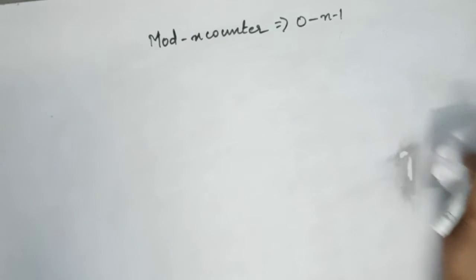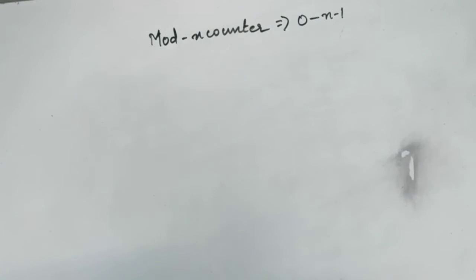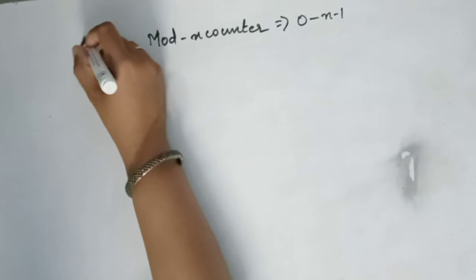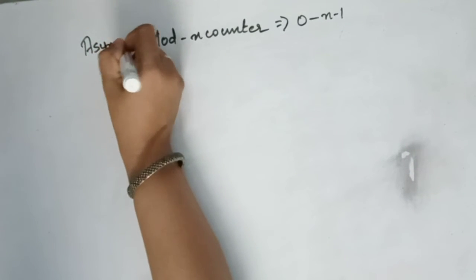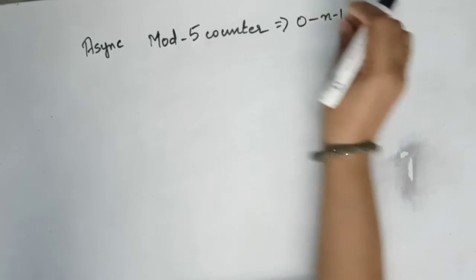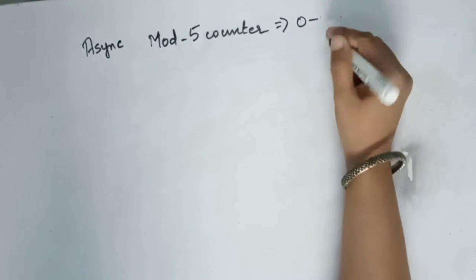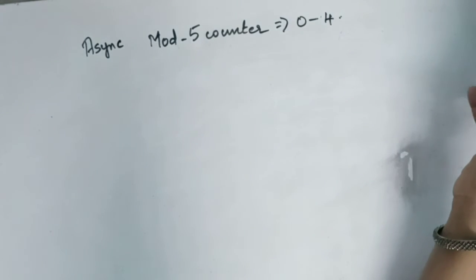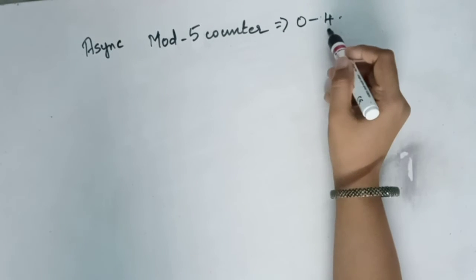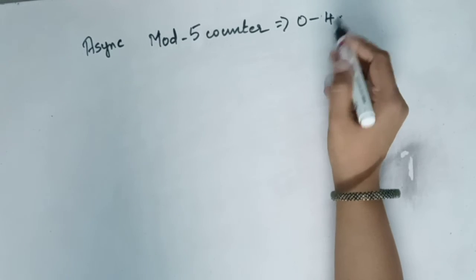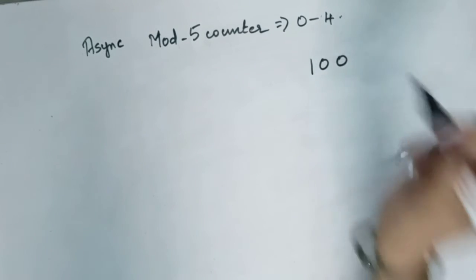In mode N counter also you can have both synchronous and asynchronous. If you are considering an asynchronous mode 5 counter, it should count from 0 to 4. 0 to 4 means it's an up counter, but it should not count till 7. 4 is the largest number, and 4 is 1 0 0.